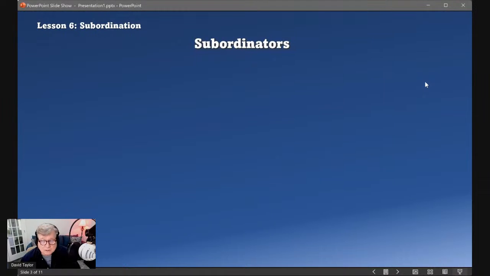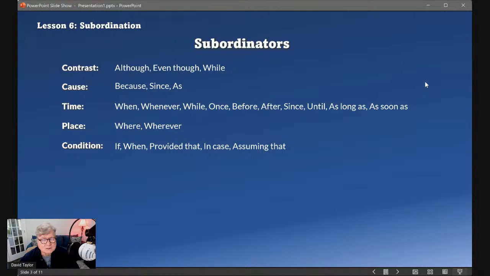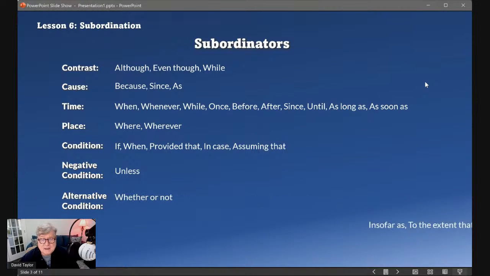So let's take a look now at some of those conjunctions that help us produce subordinate clauses. I'm going to present 27 of them here. These are like the basic ones. There are more subordinate conjunctions than these. But these are the basic ones, and you can make more subordinate conjunctions out of these by adding words.